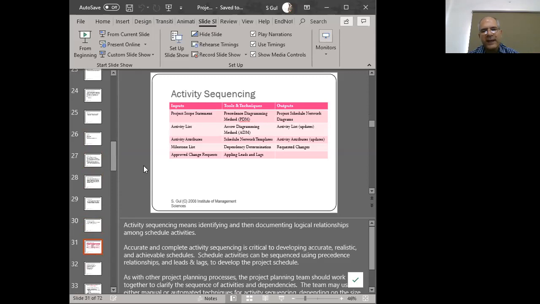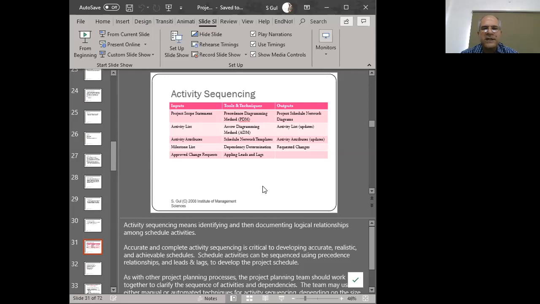Now, once we have that list of activities, the next step is to figure out the sequence amongst these activities. Right? So let's again concentrate upon the tools and techniques that we have now: diagramming methods, right? We've talked about this a lot. We've got the precedence diagram method, or we've got the arrow diagramming.